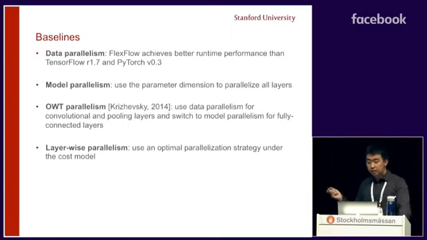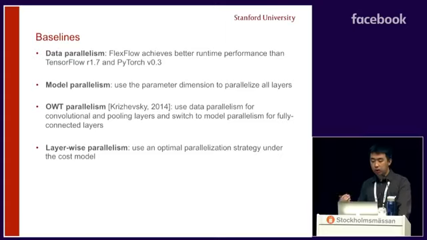The next baseline is model parallelism, which always uses the parameter dimension to parallelize all layers. We also compare against a human expert designed approach, OWT parallelism. The idea is to use data parallelism for convolutional and pooling layers and switch to model parallelism for fully connected layers. This is also considered a baseline in our experiments.